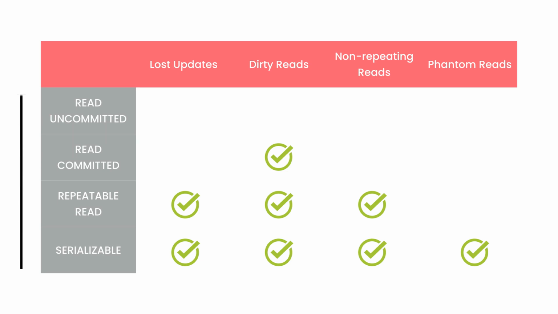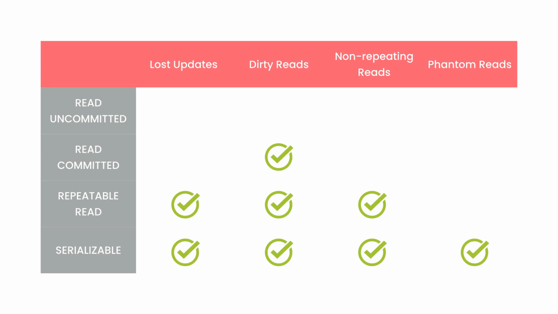So to recap, a lower isolation level gives us more concurrency, so more users can access the same data at the same time. But more concurrency means more concurrency problems. On the flip side, we achieve a better performance because we need fewer locks to isolate transactions from each other. A higher isolation level restricts concurrency, and that means fewer concurrency problems, but at the cost of decreased performance and scalability because we need more locks and resources.